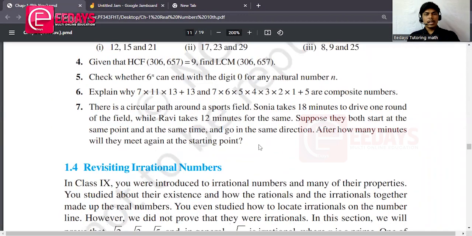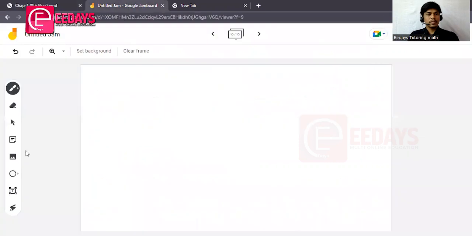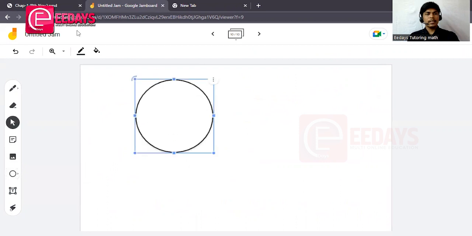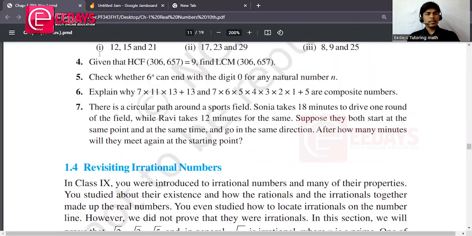Last question. There is a circular path around a sports field. Sonia takes 18 minutes to drive one round and Ravi takes 12 minutes for the same. Suppose they both started at the same point. So we'll take a park here. Observe carefully: the circular path around a sports field.